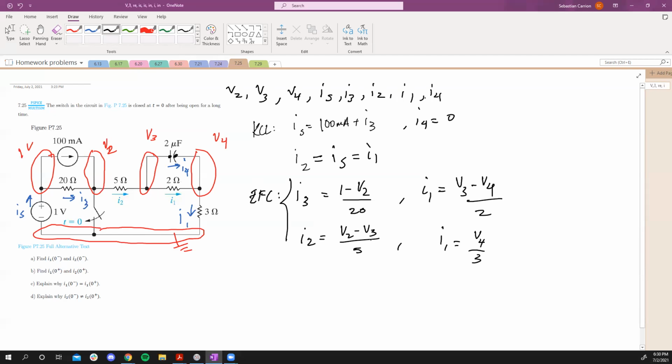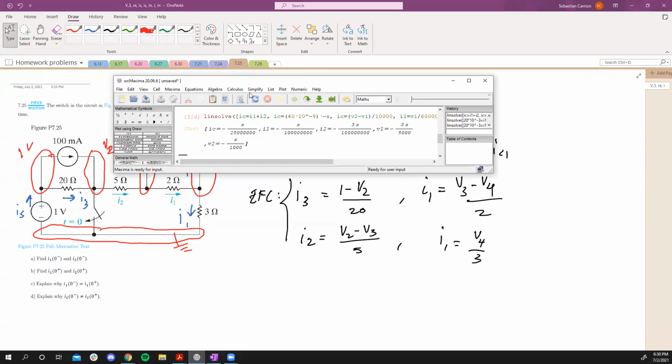That's 8 unknowns, and I2 equals I1 plus I4. Yeah, that would match it up.